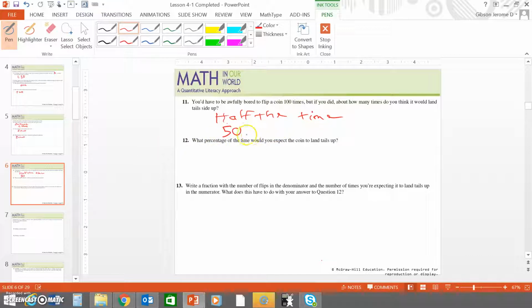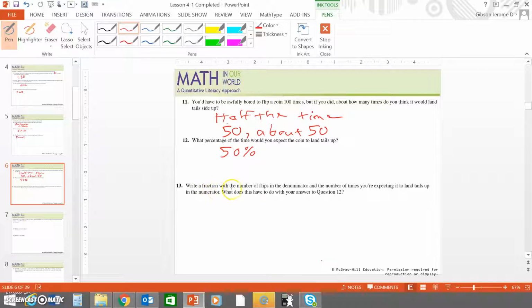So we could put with confidence about 50. Now it says number 12, what percentage of the time would you expect the coin to land tails up? So if it's about 50 out of 100, it's 50%.